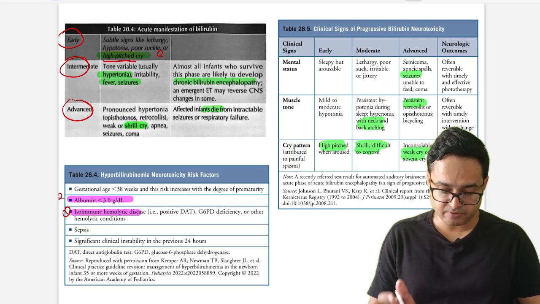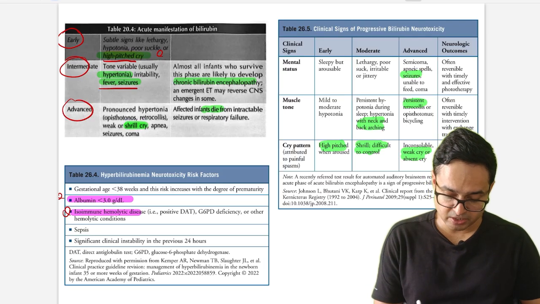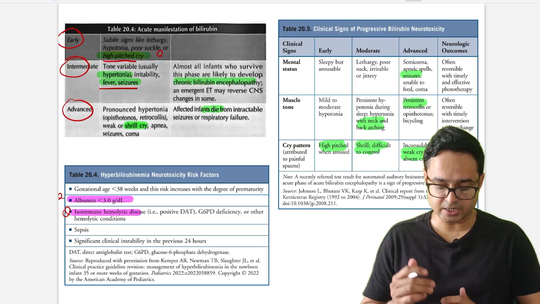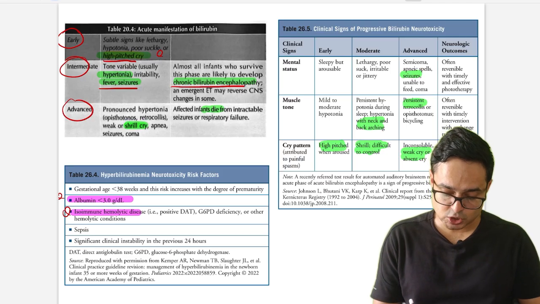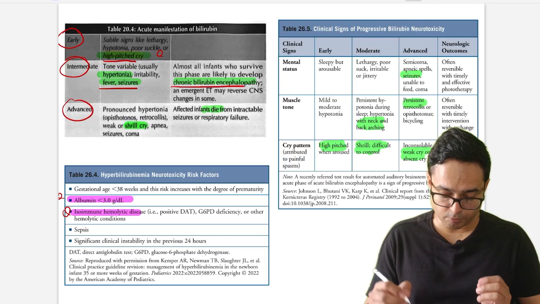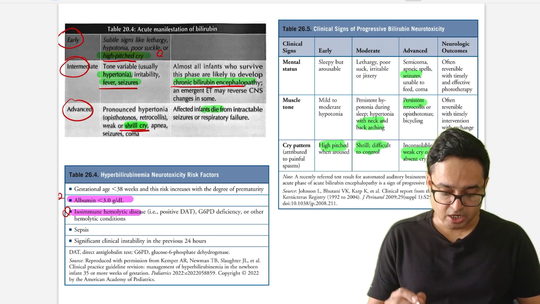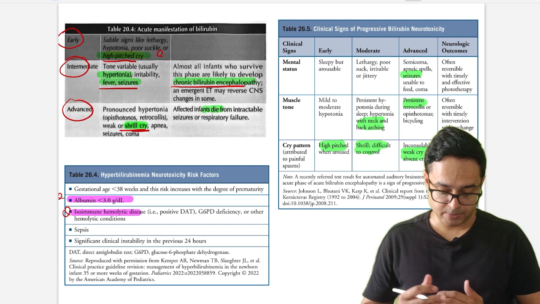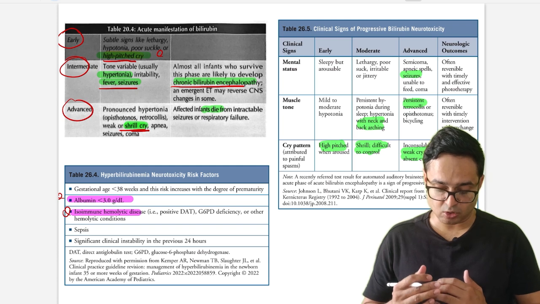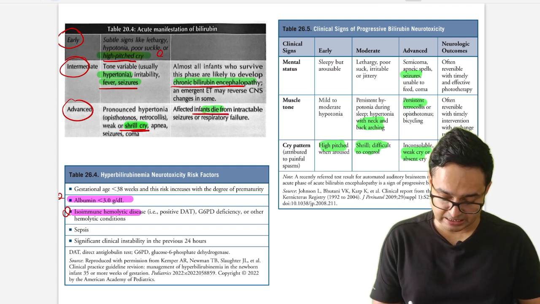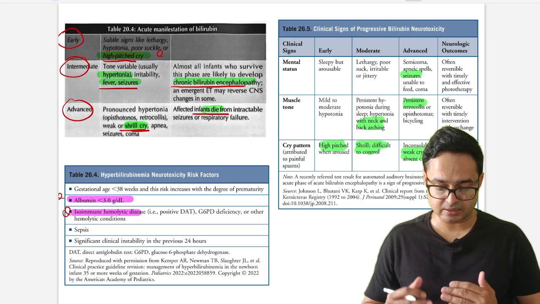In the intermediate phase, hypertonia, fever, seizures and irritability develop. This phase leads to chronic bilirubin encephalopathy. In the advanced stage, shrill cry, which is again a keyword, pronounced hypertonia, apnea, seizure, coma. This stage is very lethal. Generally, infants die in this phase.